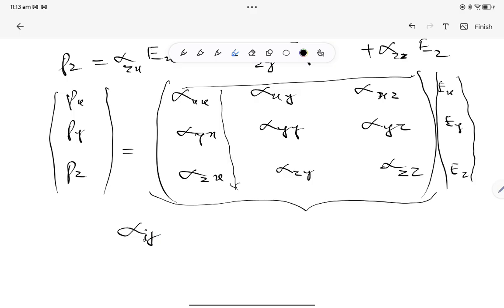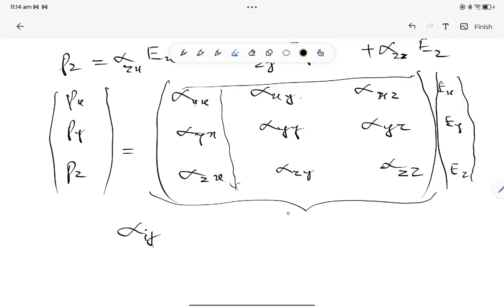The first index runs over x, y, z, but in the first row it is constant, i is constant, x. It is j that changes, x, y, z. Similarly, in a column, j is constant, x, and i changes. So you need a quantity that has 2 indices, unlike components of a vector.